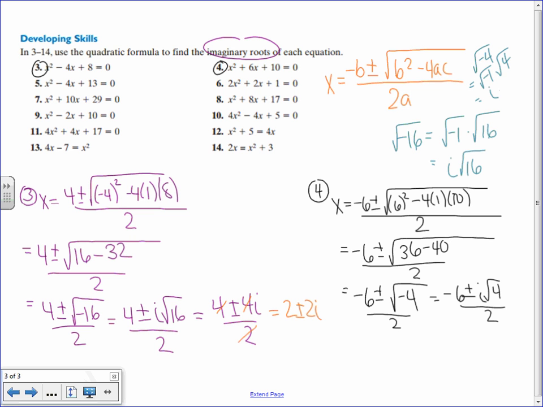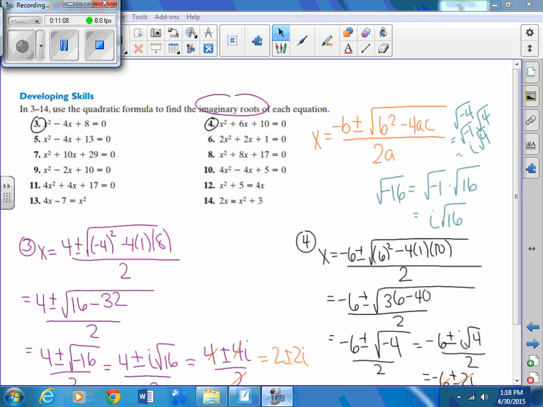And then that becomes i times the square root of 4. But we know the square root of 4, that's 2, so this becomes 2i. And then 2 cancels into both of these, so you are going to be left with negative 3 plus or minus i. And that is it.